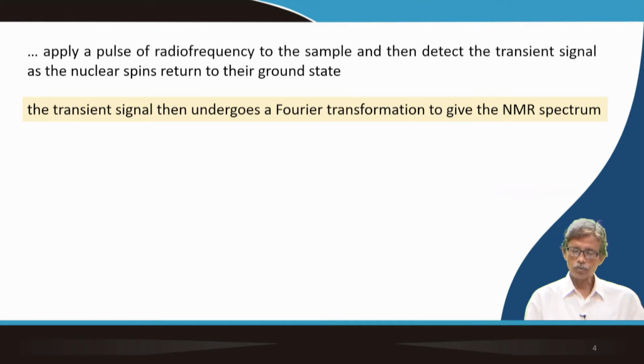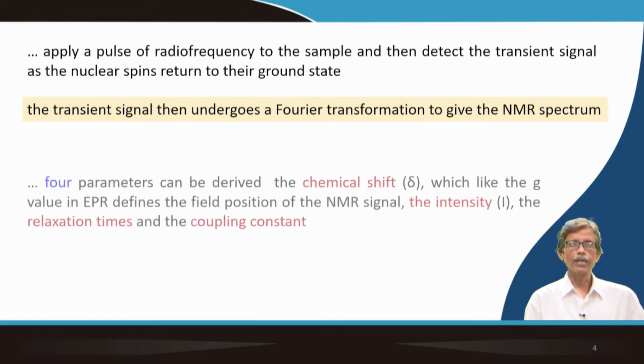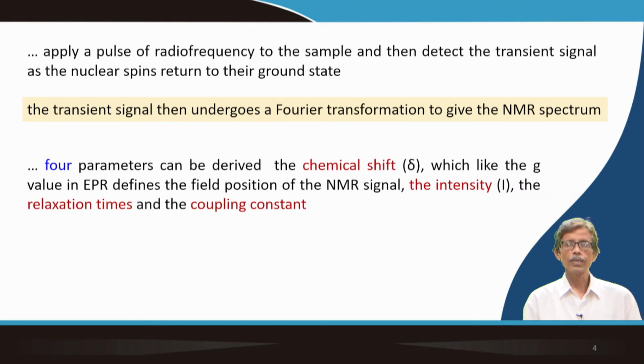So, we get this through the Fourier transformation, and through analysis of the whole thing we will be getting something where you can have 4 parameters involved. When you record NMR, first, how you put the sample: like your EPR tube you have the NMR tube, and you can have some solvent also, like the organic molecules we dissolve in a particular solvent and transfer to the NMR tube.